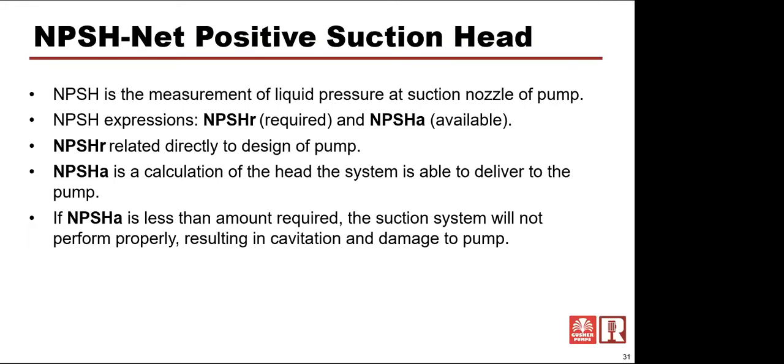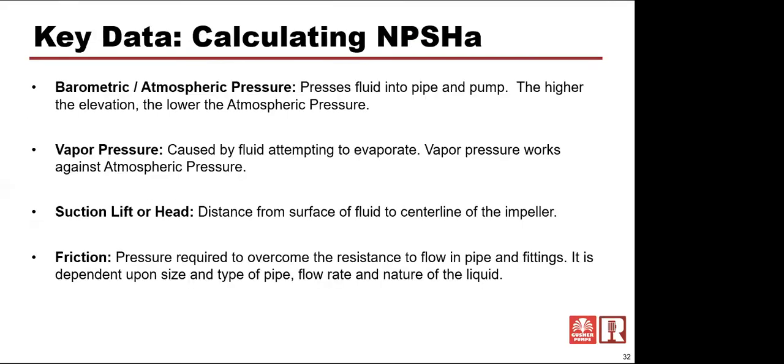If you don't have enough NPSH-A in that system to at least meet NPSH-R under any condition, you're going to have cavitation. You're not going to fill those vanes properly. And cavitation is a bad thing. And we're going to talk about why cavitation is a bad thing. Again, we start talking about vibration in the system and bad things that happen, all of that disturbance that's happening inside the pump.